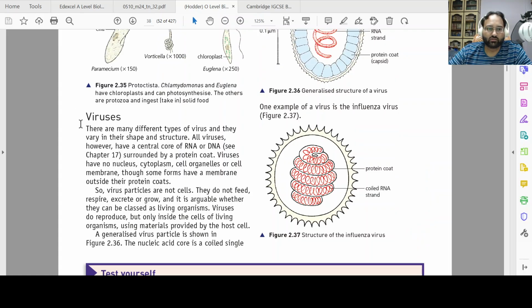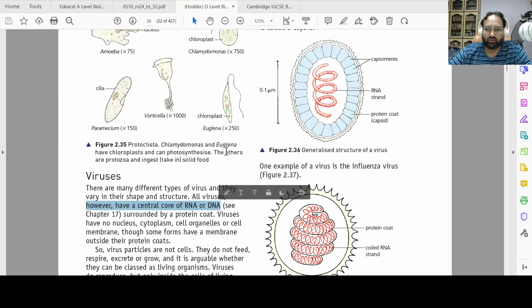Viruses. There are many different types of viruses, and they vary in their shape and structure. All viruses have a central core of RNA or DNA. So they've got genetic material inside of them, like over here. It could be RNA, it could be DNA. Which one the virus has depends on which virus we're talking about.